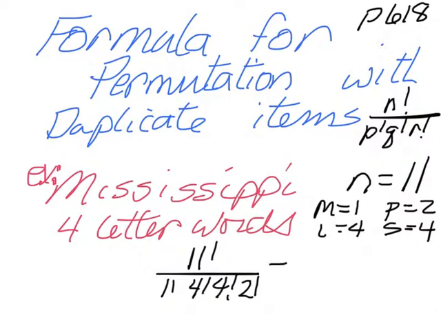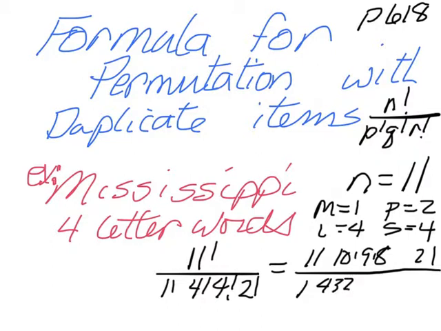Now you've got to think about this to simplify, because it's 11 times 10 times 9 times 8, etc., 2 times 1. And on the bottom you have 1 factorial is 1, times 4, 3, 2, 1, times 4, 3, 2, 1, times 2, 1.